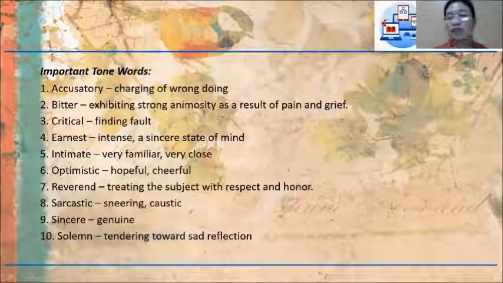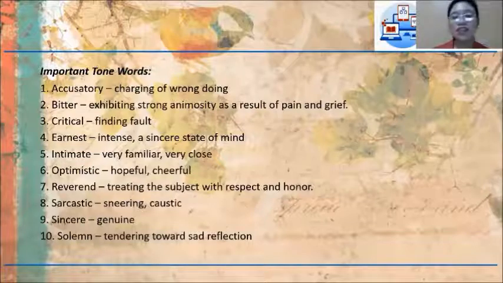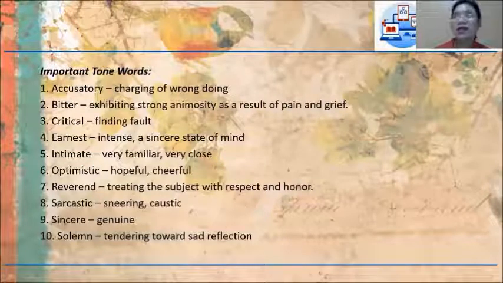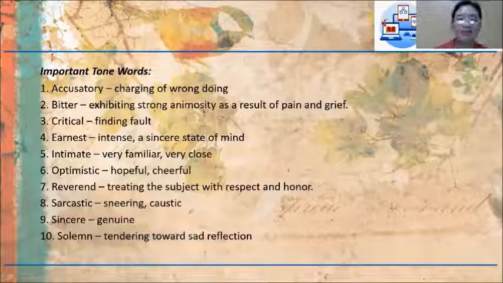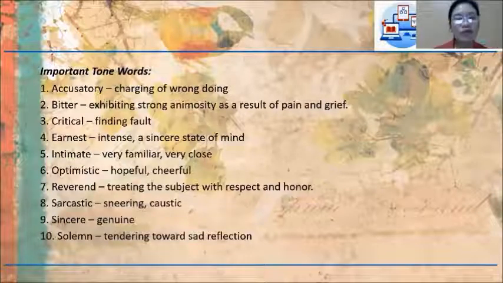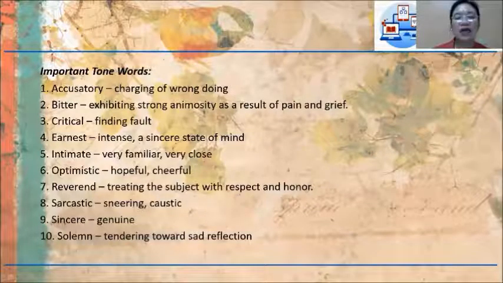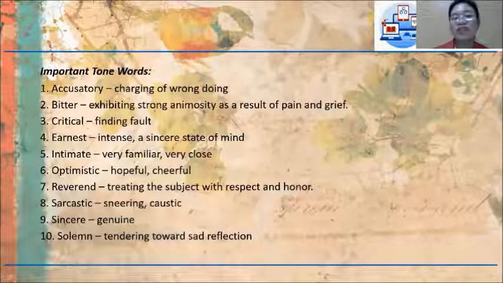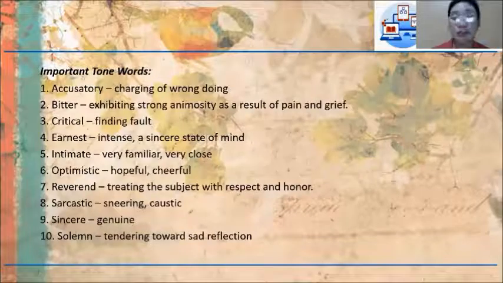Then we have here optimistic. Optimistic, as we all know, means hopeful, cheerful, and feeling positive all the time. Okay. And then we have also the tone of reverent. Okay. When you say reverent, it means treating the subject with respect and honor. And then sarcastic.